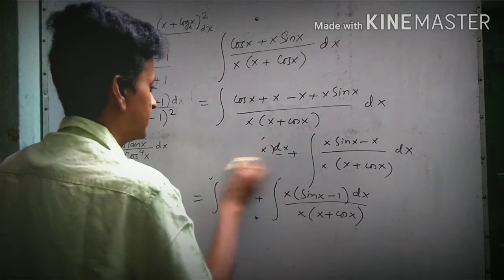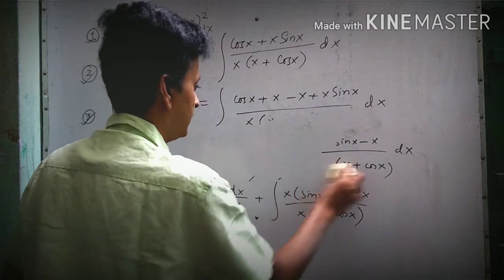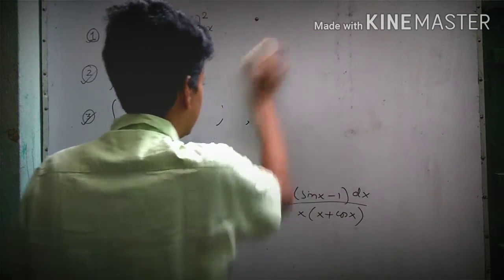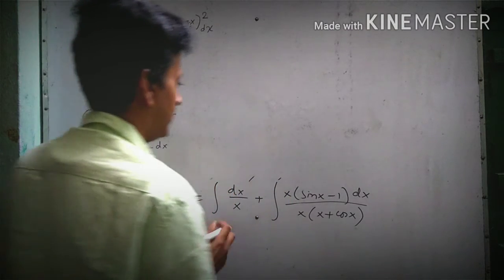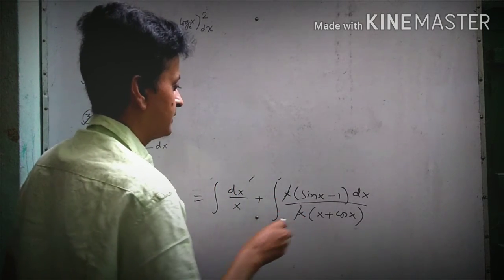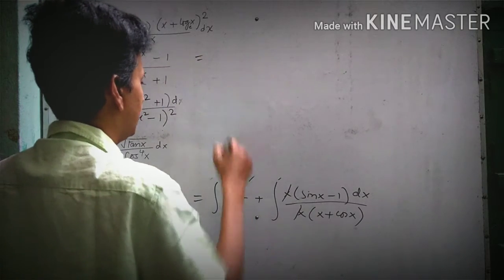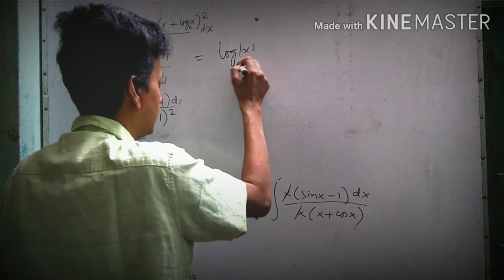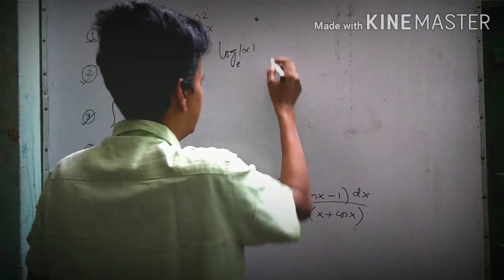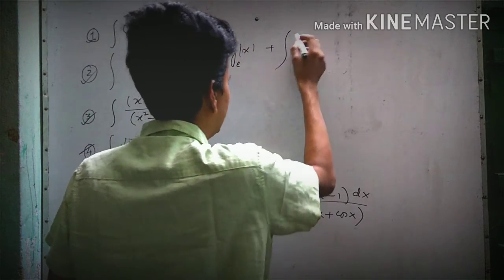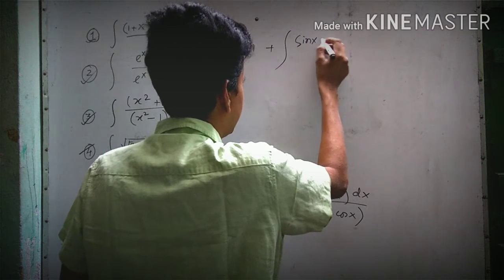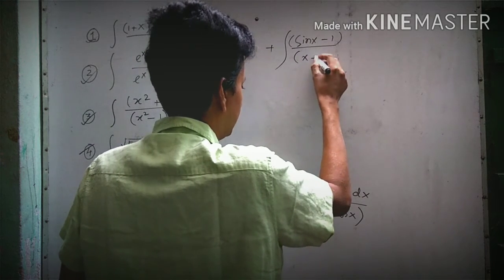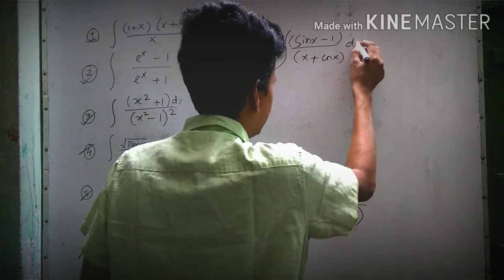Now come to the next. So we get, here we can cancel x and x, and integration of dx by x, that is log of mod x, and here plus integration of sin x minus 1 by x plus cos x dx.